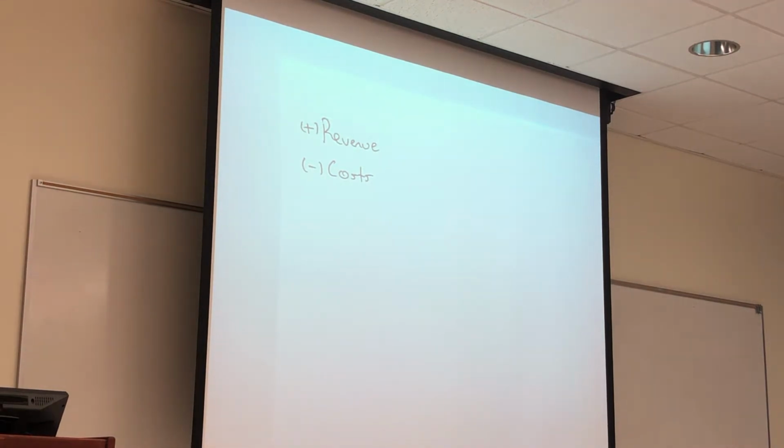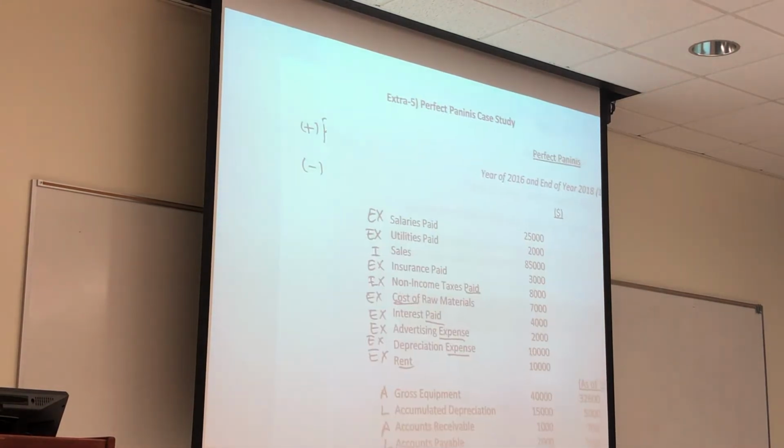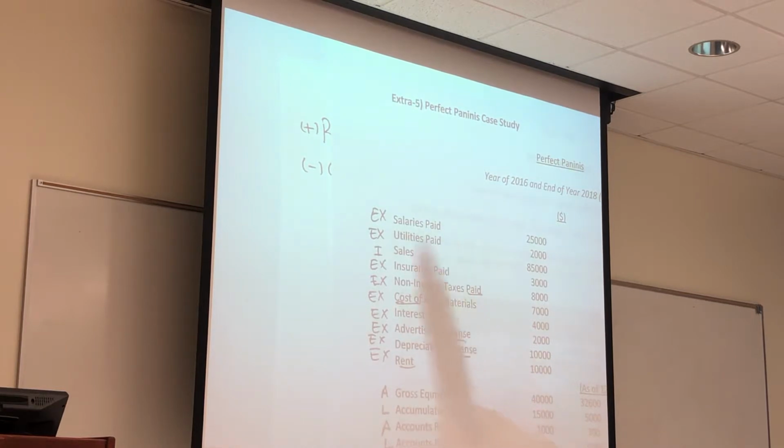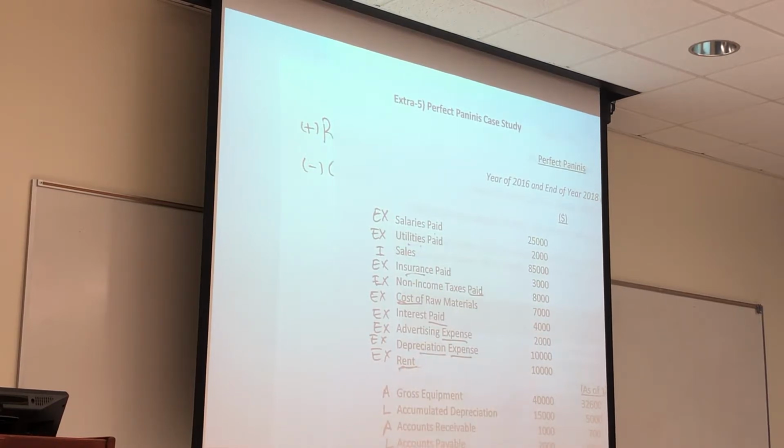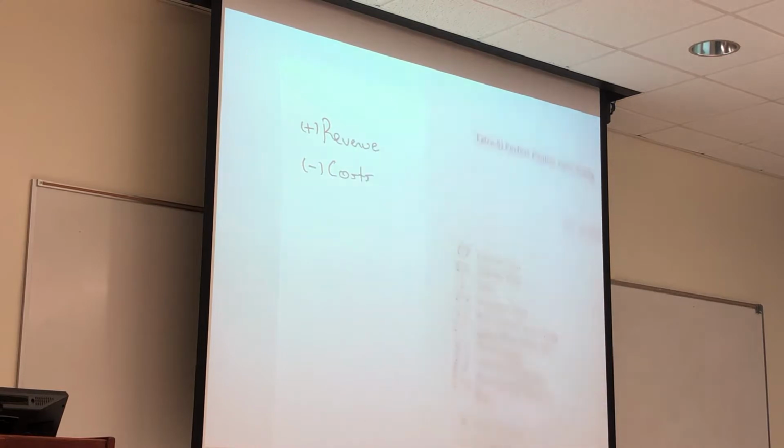This time we have a lot of costs. Look, salaries are costs, utilities are costs, insurance is a cost, land is a cost, depreciation, and we have the interest paid for the loan.